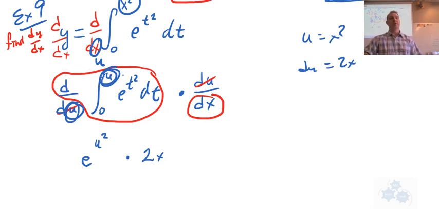Oh, congratulations. Wait, is there any chain rule that happens on the t's? Okay, good question. Is there any chain rule that happens on the t squared? Don't think about this as a separate variable, really. Remember, we're just looking for the derivative with respect to x.